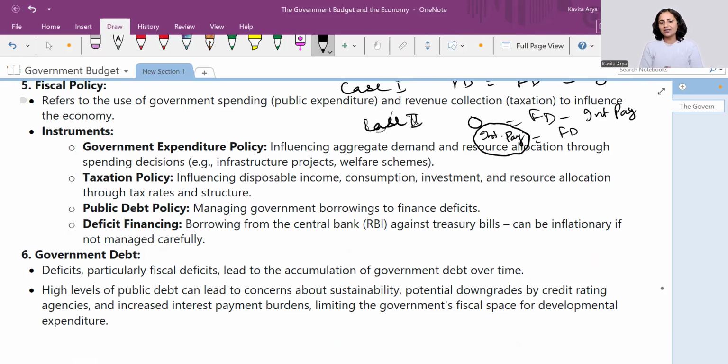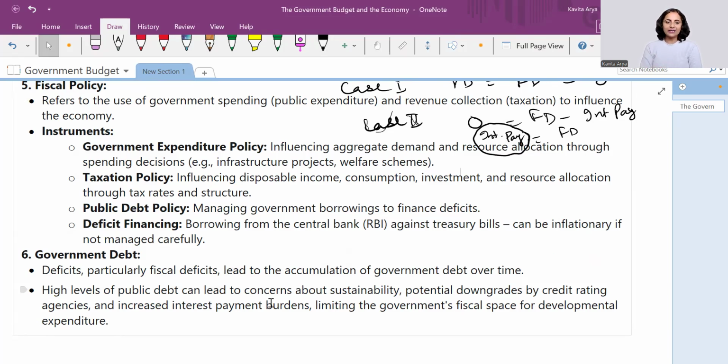Then the taxation policy, which talks about the inflows of the government. The third component is public debt policy. This simply talks about how the government manages its borrowings through public debts. And then deficit financing means managing the borrowings by printing new notes, and the currency in the economy is increased, the money supply is increased, and hence it can lead to inflation.